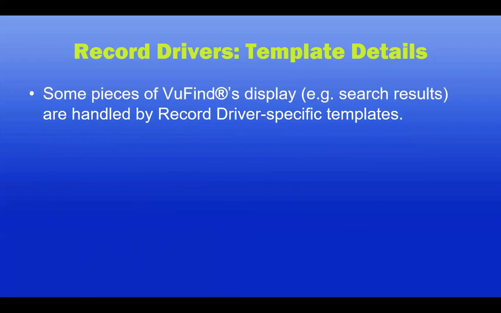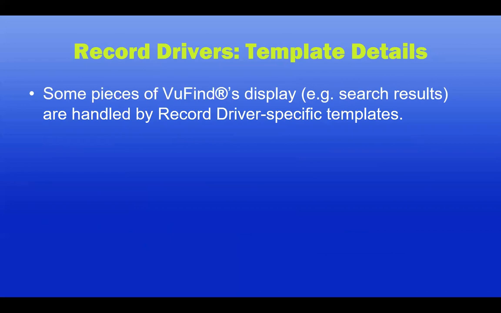So as I mentioned at the beginning of the discussion of record drivers, the record drivers are not just PHP classes, they are also sets of templates. The reason for this is that some parts of VuFind's displays are rendered using record driver specific templates.